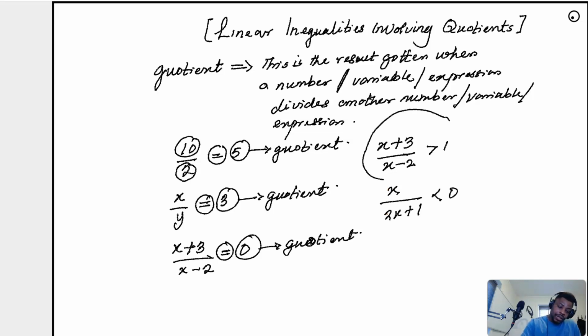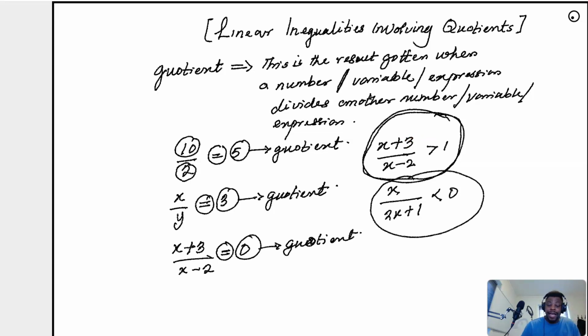So this inequality is involving quotients. Can you see that?